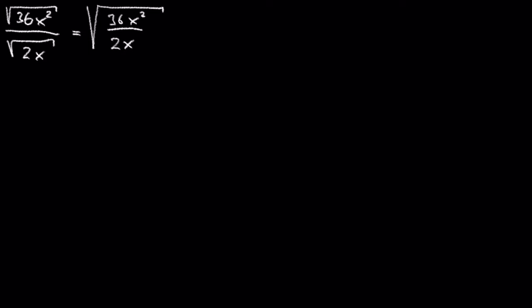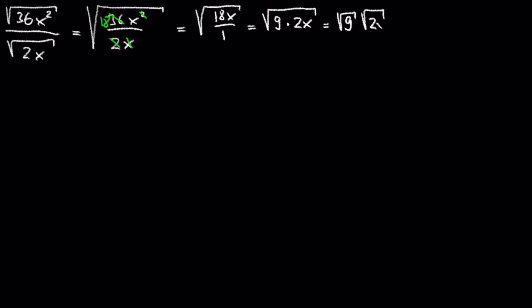And after cancelling out the 36 and 2 and x squared and x, we get the square root of 18x over 1, which is the square root of 18x. We can write the square root of 18x as the square root of 9 times 2x. Applying the multiplication law for roots, we get the square root of 9 times the square root of 2x, which is 3 times the square root of 2x.